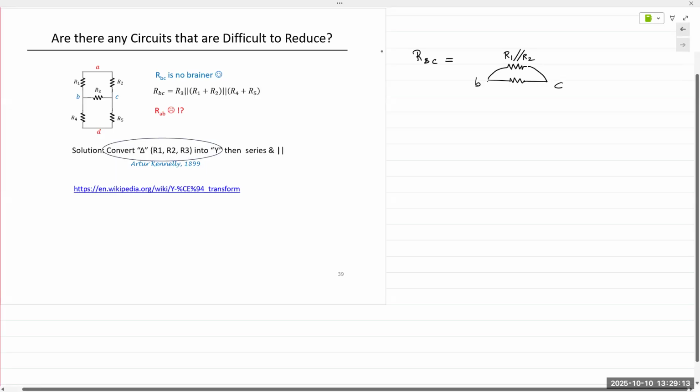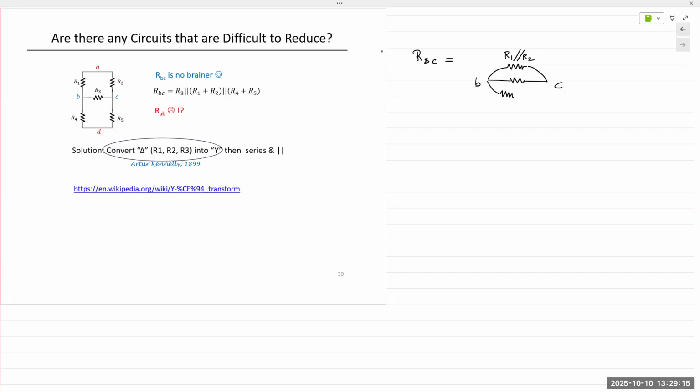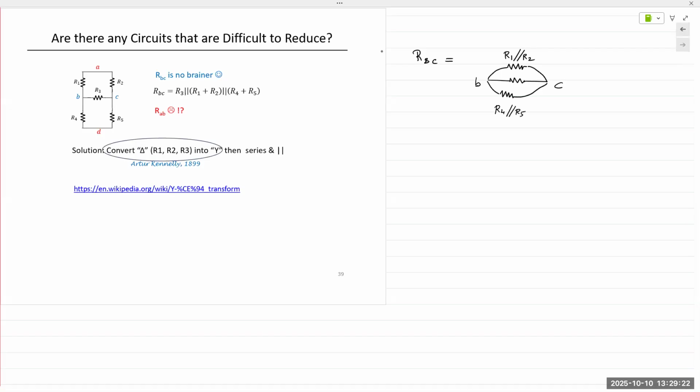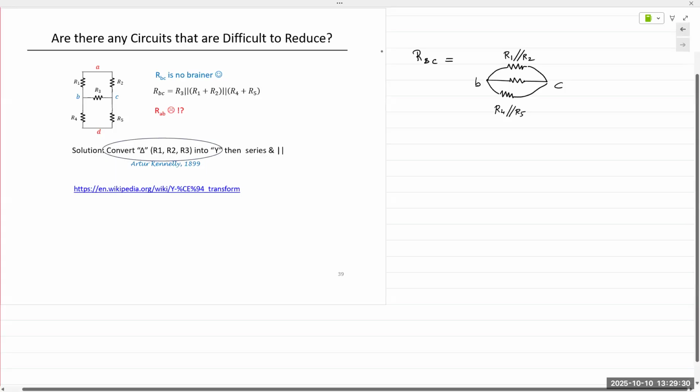And on the other side, we can reduce R4 and R5 also to one single resistor. And then once that is done, we can say that all 3 resistors left are in parallel, and we can reduce it by applying this equation.